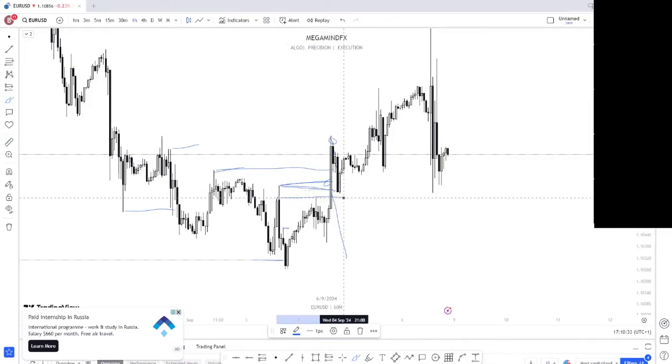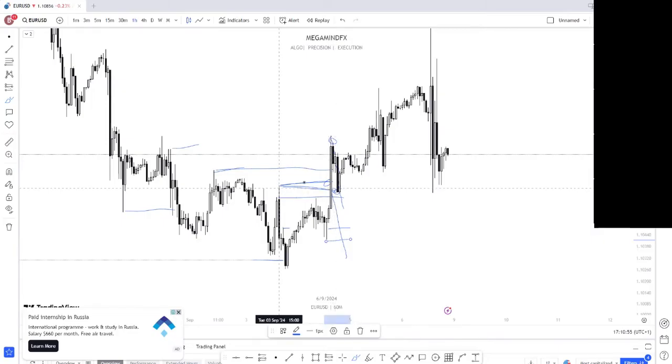Now, pay attention to this, very, very important. The moment you try to buy from this level and price fails and you have an internal liquidity, you can as well buy from here. These are the only valid levels you should buy from. I'm just giving you an example.